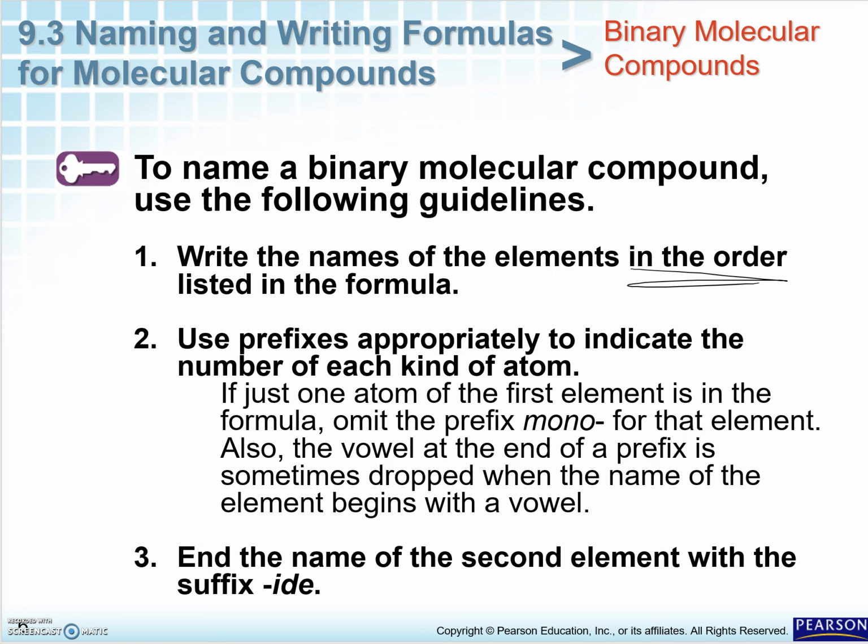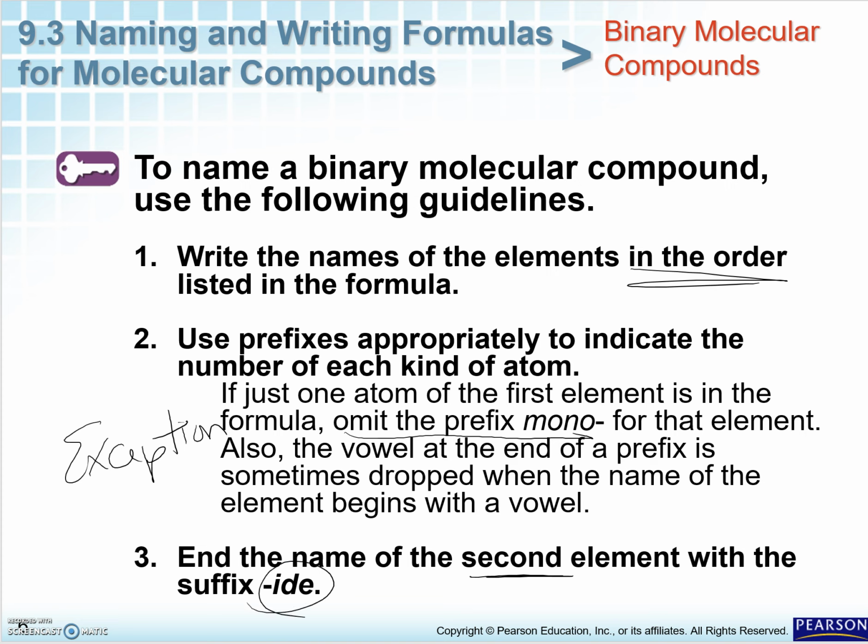The only exception is if the first element has only 1 of those atoms, then you get rid of the mono. All of the rest are written exactly as you would normally write them. Then you take your second element and add IDE to the end.